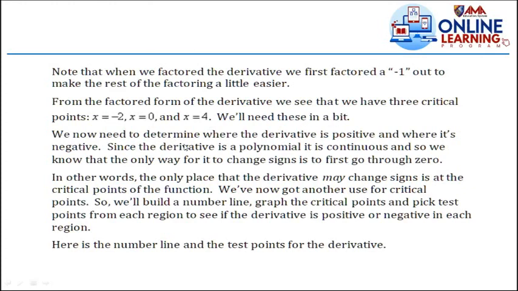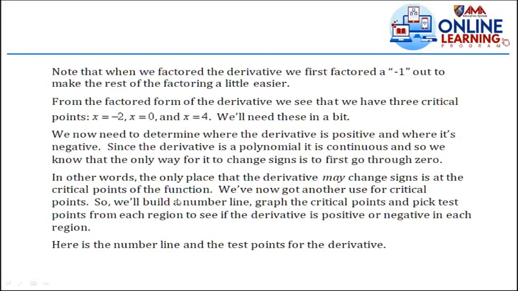We now need to determine where the derivative is positive and where it is negative. Since the derivative is a polynomial and it is continuous, the only way for it to change sign is to first go through 0. In other words, the only place the derivative may change signs is at the critical points of the function.